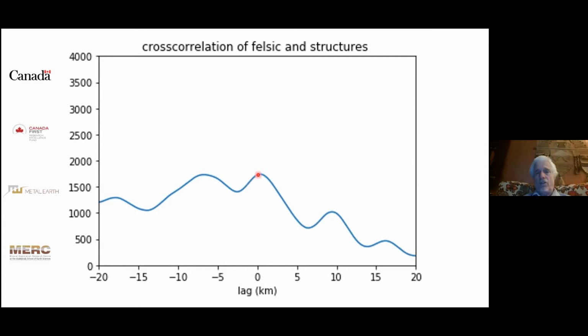You can see that there is a bit of a peak here, but it's barely above the background on this side, but a little bit above the background on the other side. So these auto and cross correlation techniques are consistent with the conclusions that I came to previously, that felsic batholiths are spatially associated with mid-crust highs and mid-crust structures.